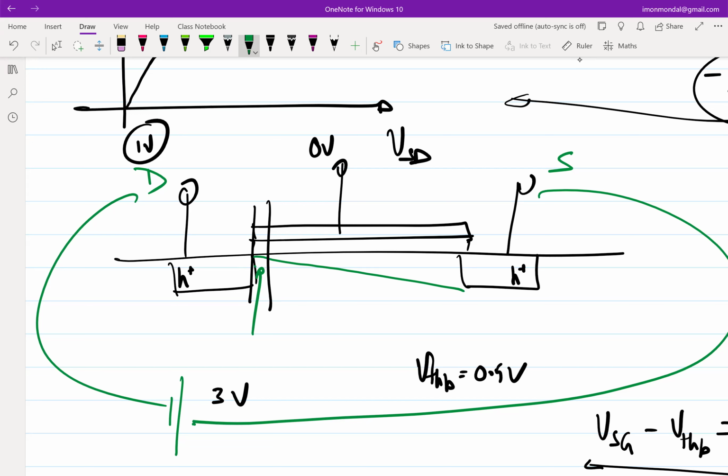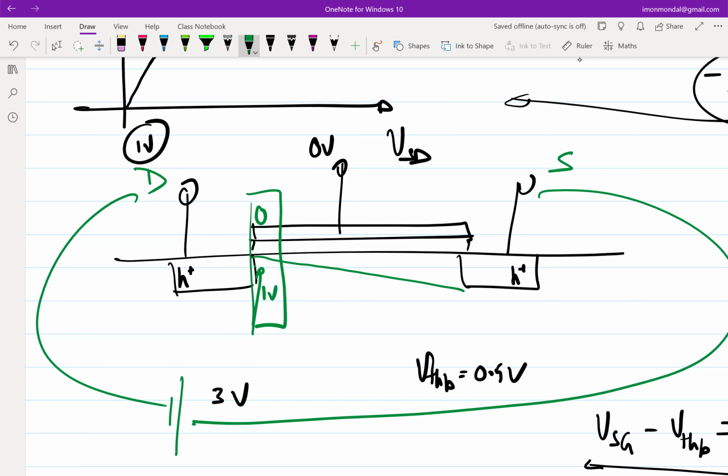At the drain junction, that small sliver of MOSFET is seeing a voltage of 1 volt between the gate and the channel, right? So this is 0, this is 1. I'm only concentrating in this box here. And the threshold voltage is 0.5 volt, which means I'm half a volt above whatever I require. I'll be having mobile charges.